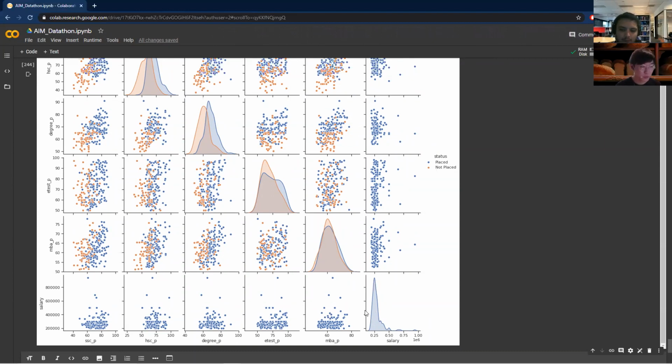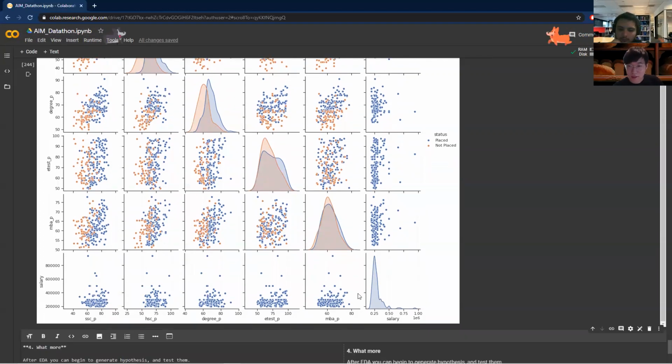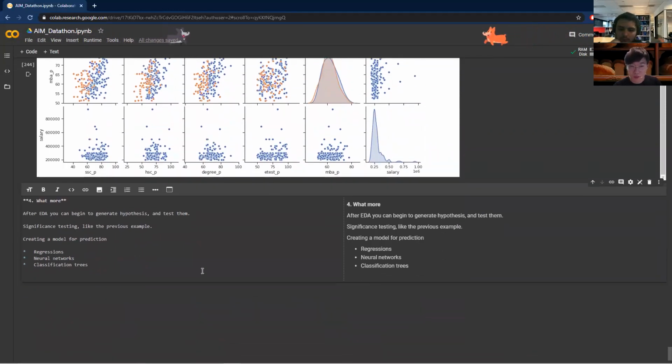For example, do you want to be able to predict the salary that somebody is going to earn? Is that possible? The only way you can figure that out is starting with EDA, but then continuing on with other things, like the chi-square test and the binomial tests we did over there.